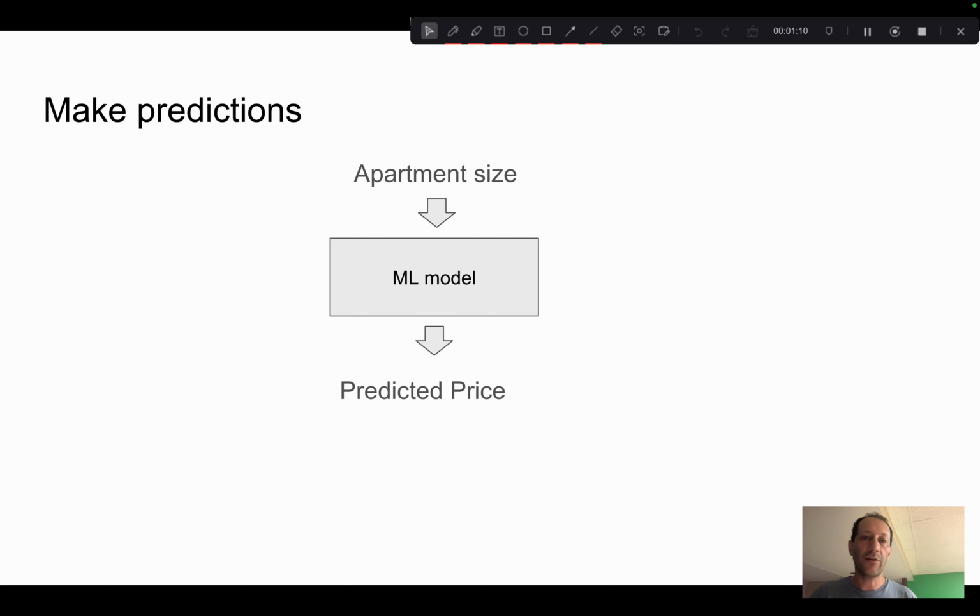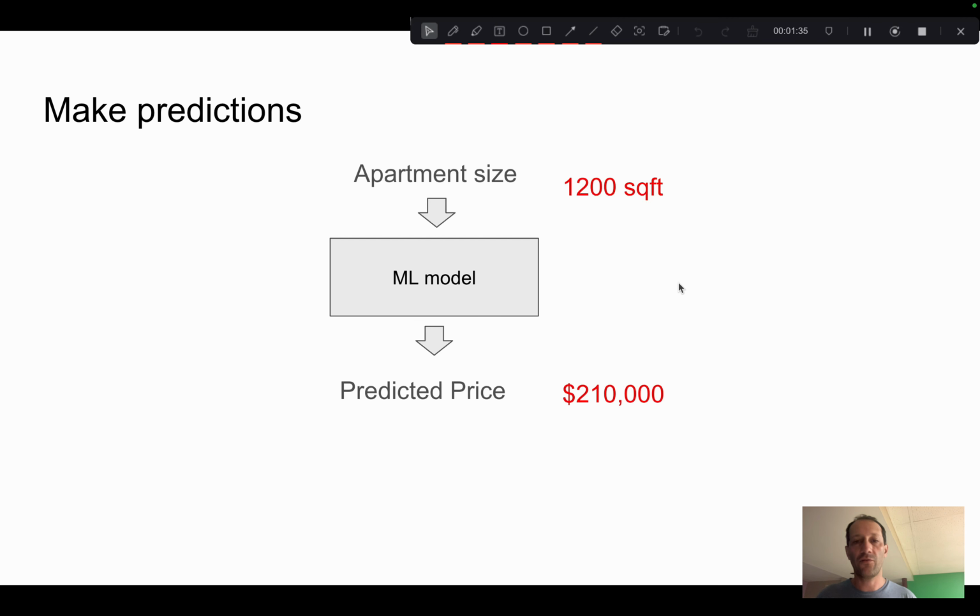Now, here I have only the size of the apartment, and I'm going to use only that information to make predictions. But you might imagine in real life scenarios, you would have a lot more attributes or features about those apartments, like the number of rooms, location, and so on and so forth. Here, for simplicity, we're just going to pick apartment size.